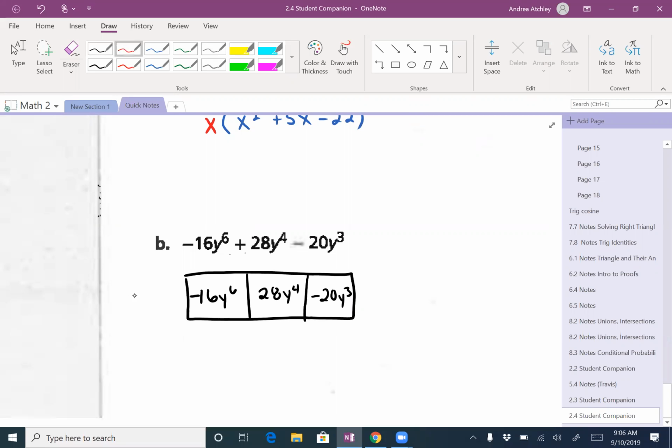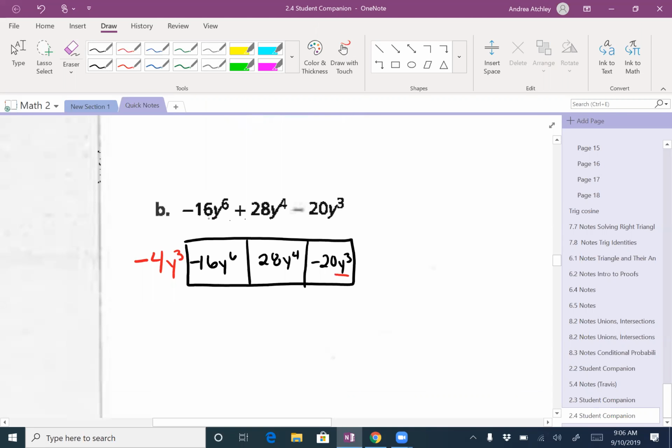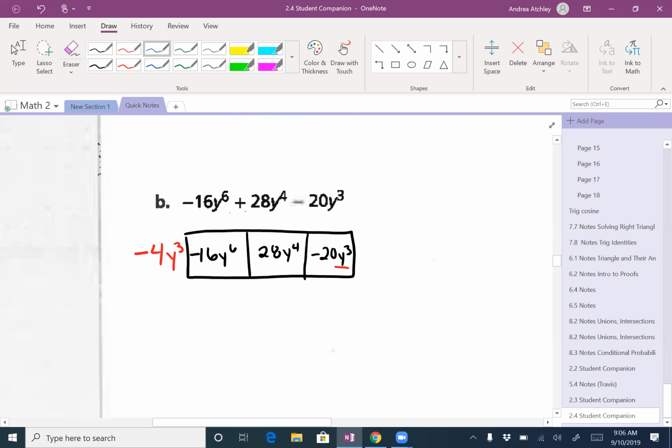When I pull out the negative 4 and the smallest exponent is y cubed, this becomes a positive 4y to the third, a negative 7y to the first, and a positive 4, and the y's become y to the 0, which is 1.